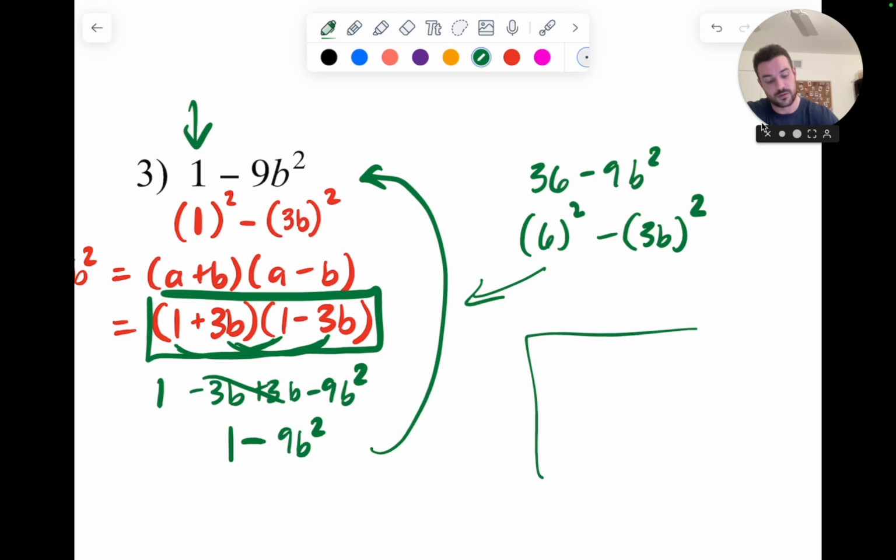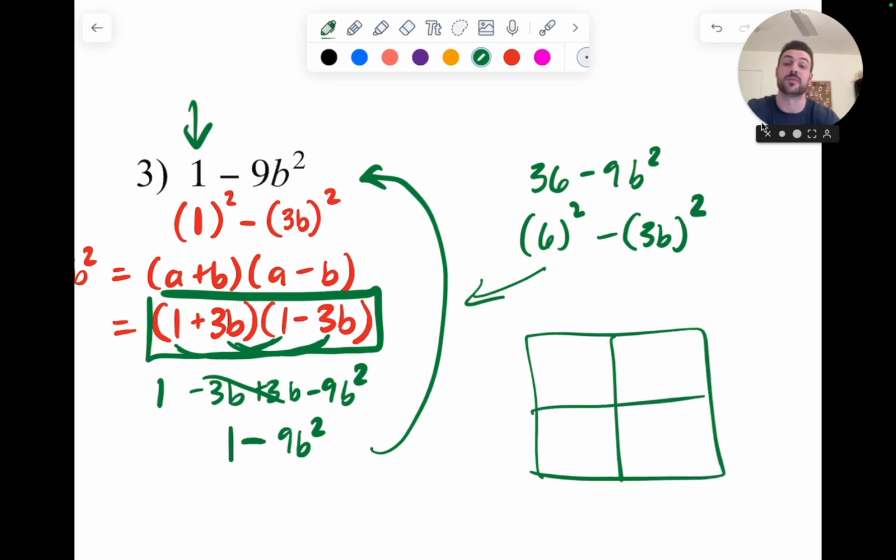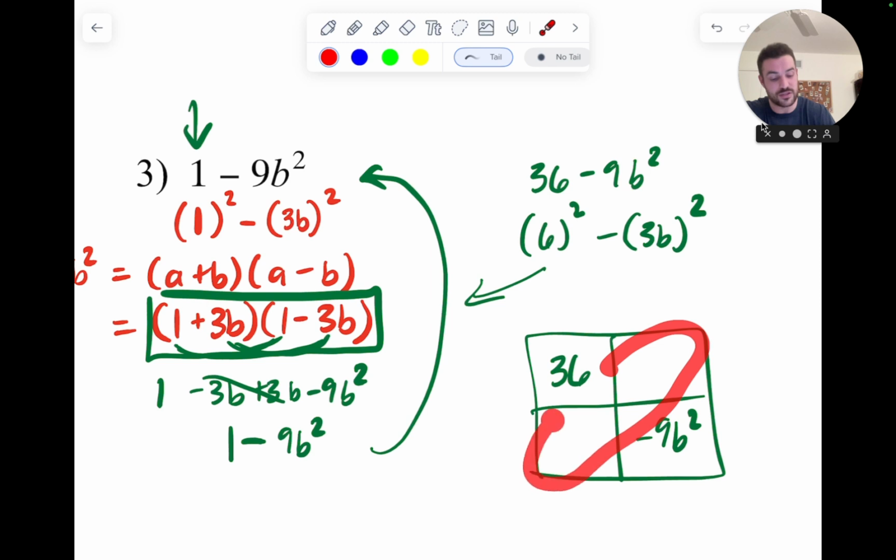Or again, our box method works perfectly fine here as well. This time my 36 is going to go up top. My negative 9b squared goes in the bottom. 36 has multiple factors, so that makes it a little bit difficult. But we need to remember that these two need to cancel each other out, so they need to be the same.